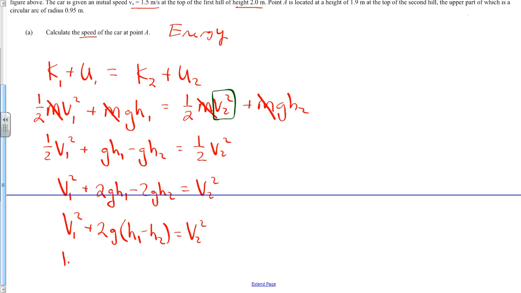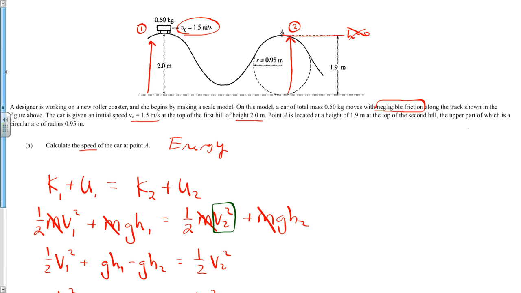Initial velocity, 1.5 meters per second. Square that, plus 2 times gravity, times the difference in height. We went from 2 to 1.9.